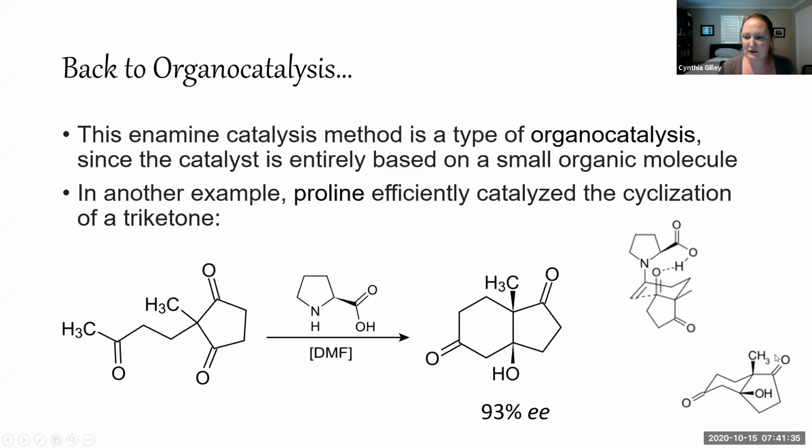This is a 3D picture of the molecule that you can see here, just drawn in a different way, where we can look at this six-membered ring as sort of similar to a chair conformation, which you might expect for a six-membered ring. So if you notice, when the enamine does its nucleophilic attack on this carbon, we're forming essentially that six-membered ring.